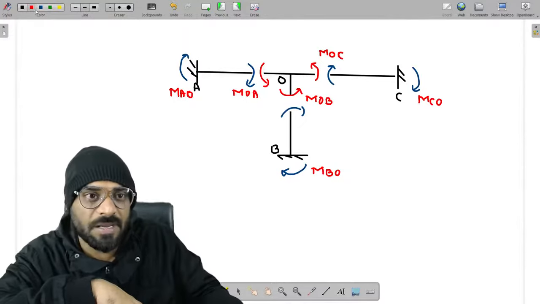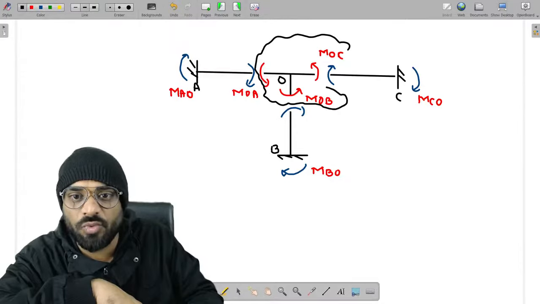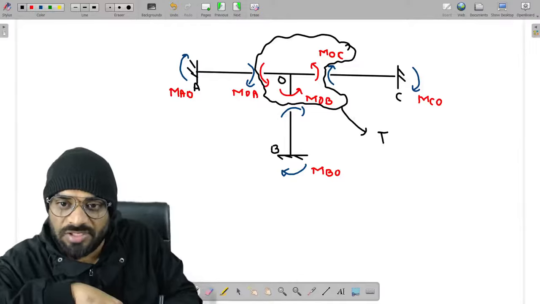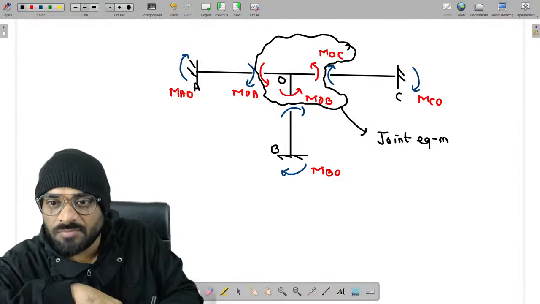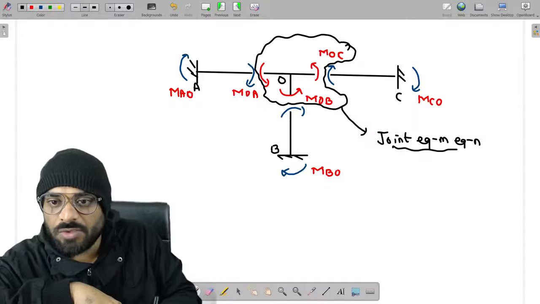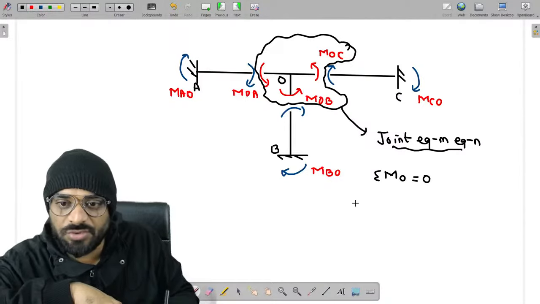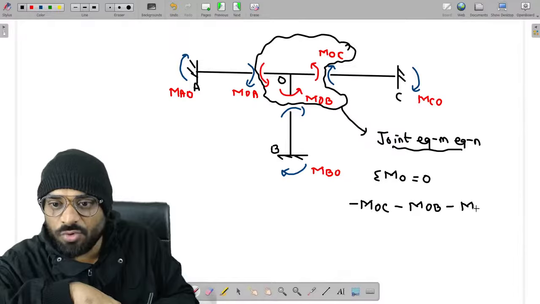Now guys, please remember this point. The summation of moments at each and every joint will be equal to 0, and that is our joint equilibrium equation. So the summation of moments at O is equal to 0. We write minus MOC minus MOB minus MOA is equal to 0.